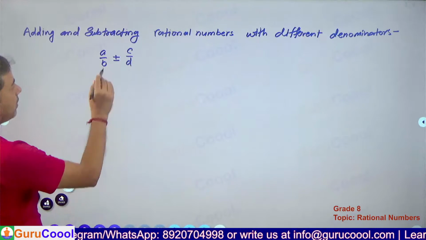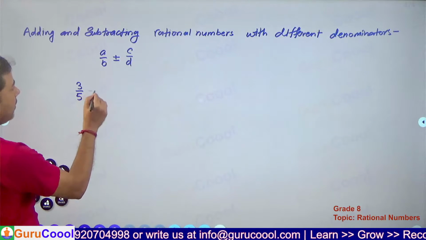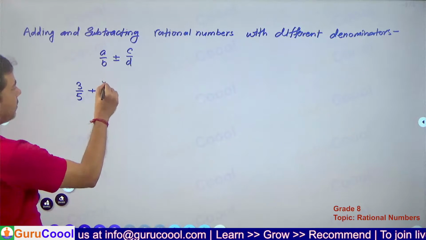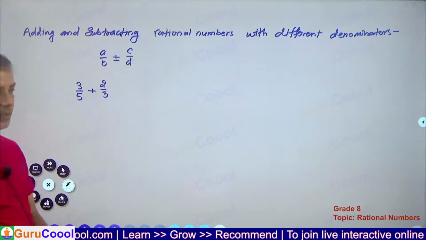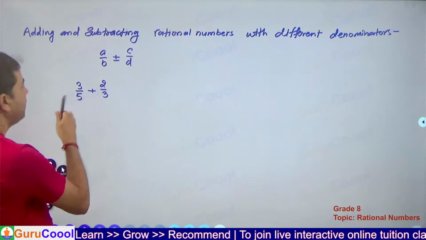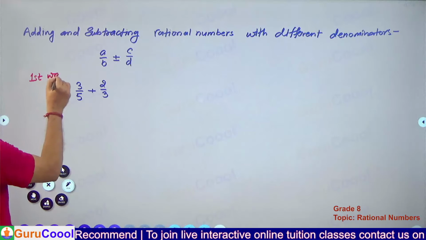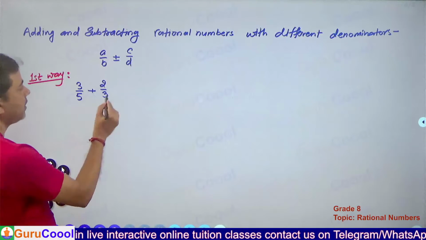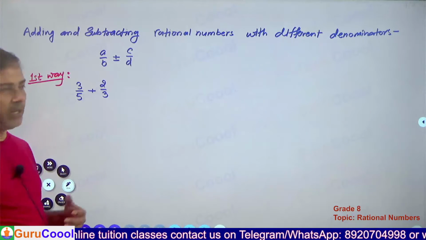Let us see the example. You have 3 by 5 and the plus sign, let's take the plus sign here, and 2 by 3. So what are the ways? First way, you make the denominator the same, then add.